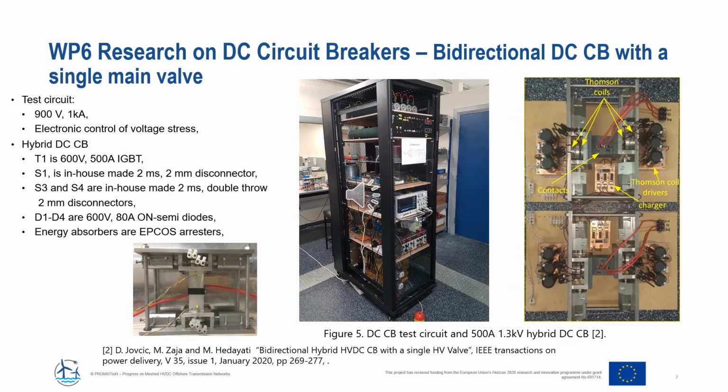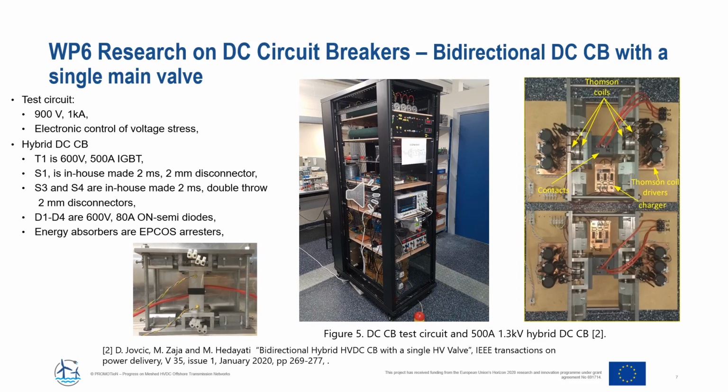This slide shows the experimental equipment for verifying this concept. The test circuit is rated for 900 volt with a peak current approximately 1 kiloampere, and there is a possibility of electronic PWM voltage control across circuit breaker. Hybrid DC circuit breaker has load commutation switch of 600 volt, 500 ampere.